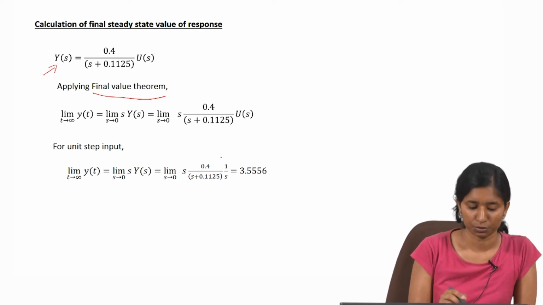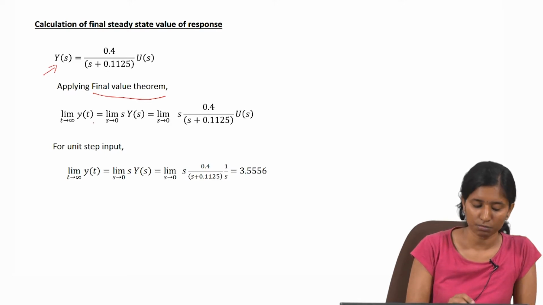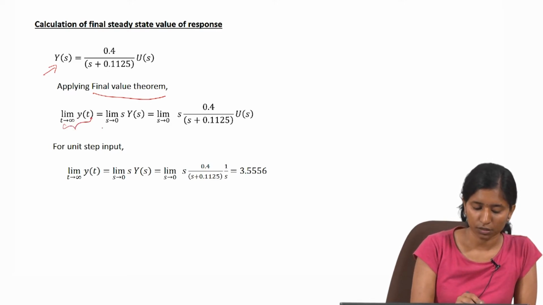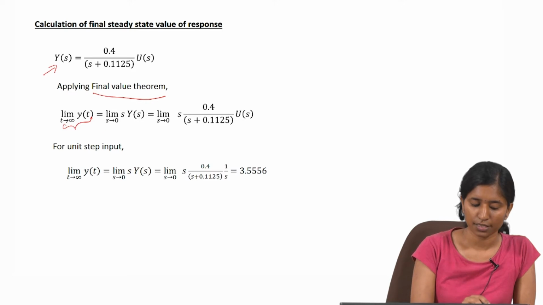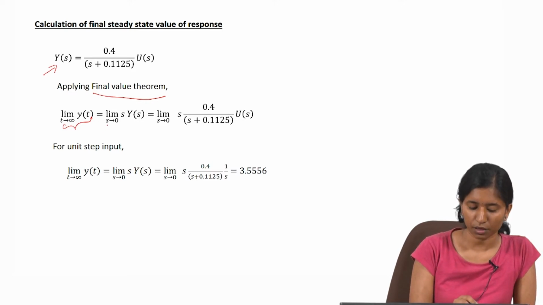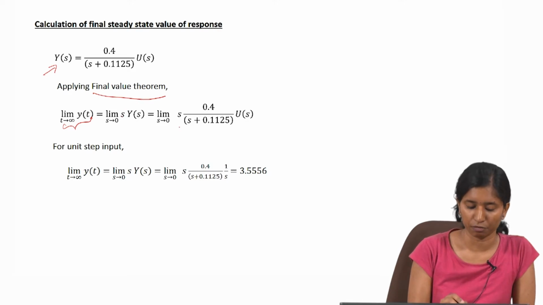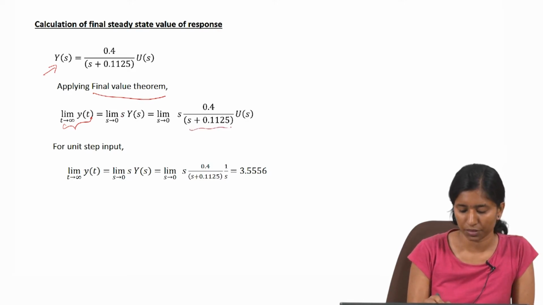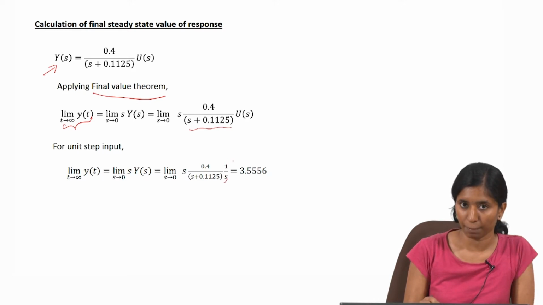So, let us see how to do that. According to the final value theorem, the final value of the response as time tends to infinity is equal to the limit s tends to 0 of s into y of s. If we substitute the value of y of s here, and give a unit step, so that the Laplace transform of unit step is 1 by s, this and this will get cancelled and s equal to 0.